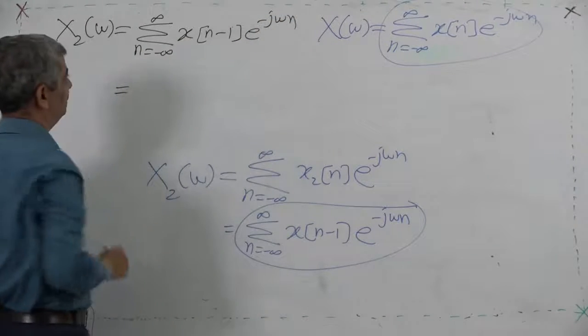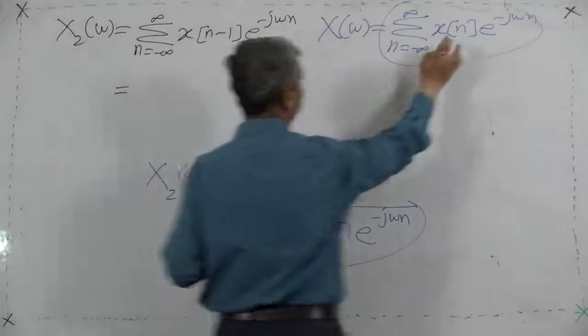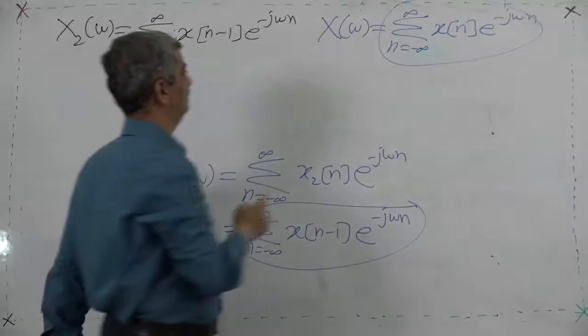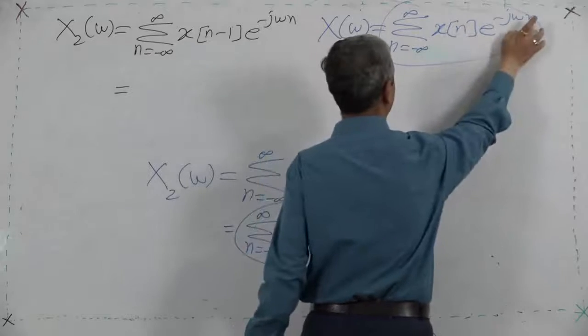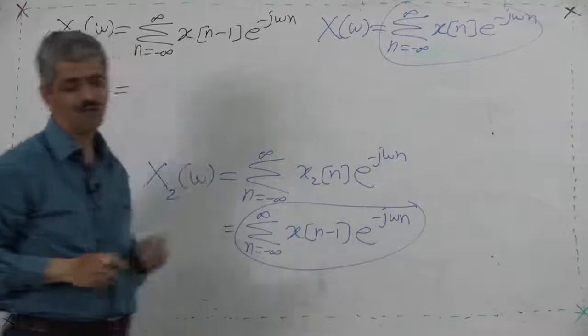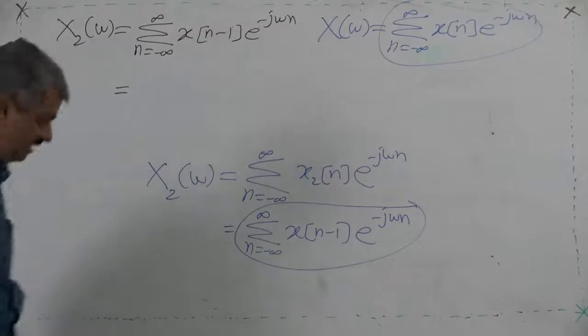I want this and this to be the same, and this should be here. So, here there is a difference now. So, I will use one identity.